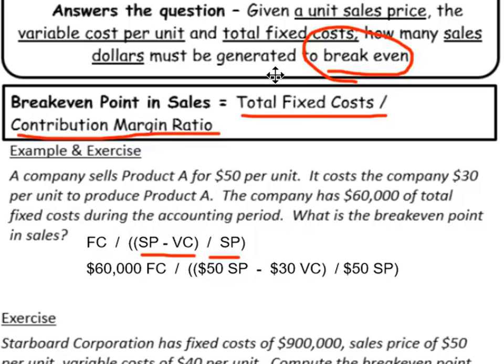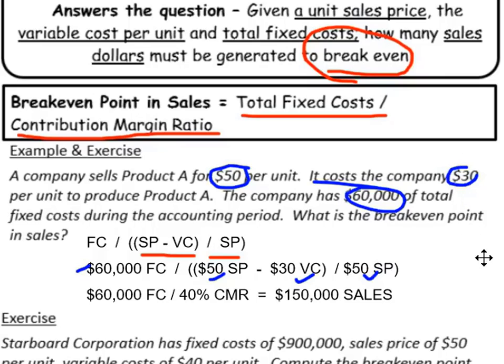We have $60,000 worth of fixed costs, divided by our contribution margin ratio formula, which is our $50 selling price minus our $30 variable costs divided by the $50 selling price.